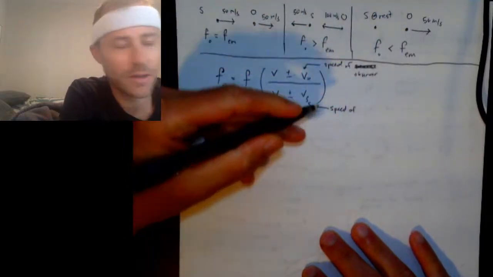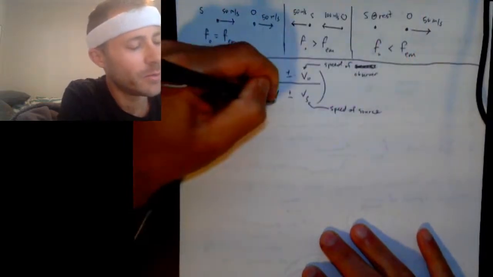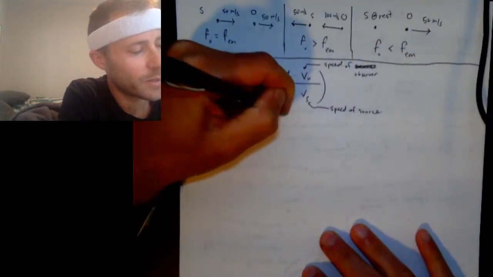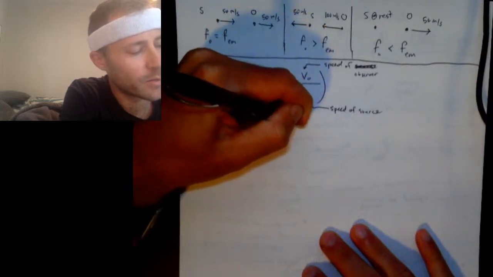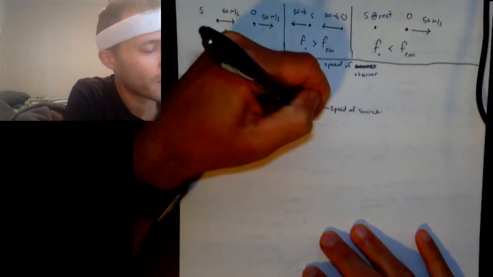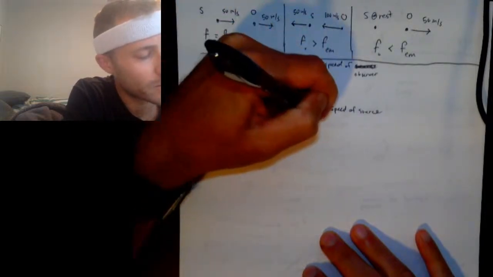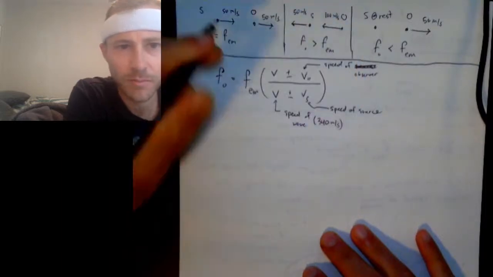Vs is the speed of the source. And V without any subscript is the speed of the wave. Now, because we are going to be dealing with 100% sound waves, this is going to be 340 meters per second under standard conditions.